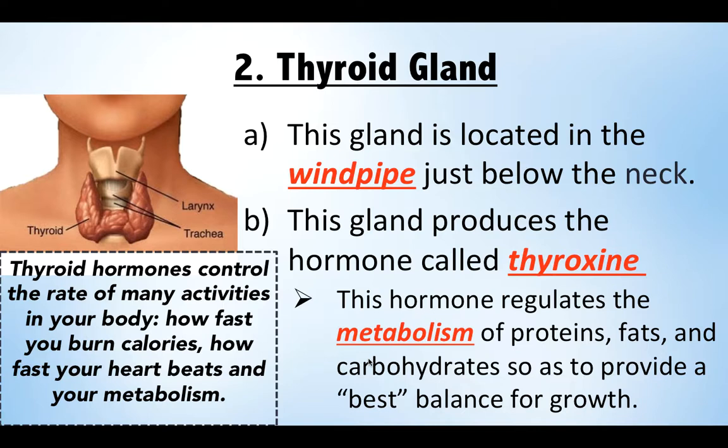So she's actually a personal trainer, and she's struggled a little bit with weight because even though she works out all the time and she eats healthy all the time, it's very difficult for her body to lose weight because her thyroid doesn't act the way it's supposed to. So she can't burn calories as fast as most people. So that's an example of what the thyroid does, is it regulates different activities in your body, specifically metabolism.